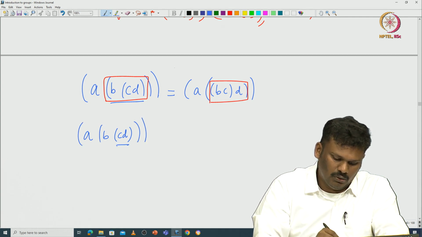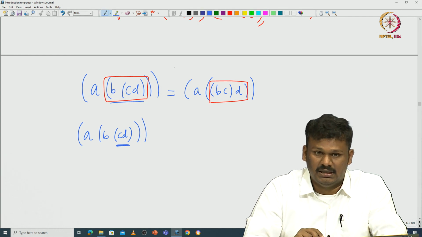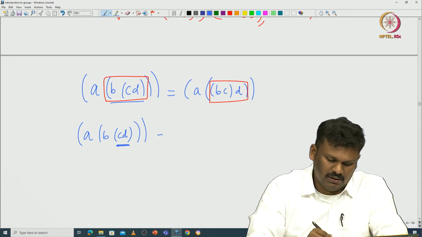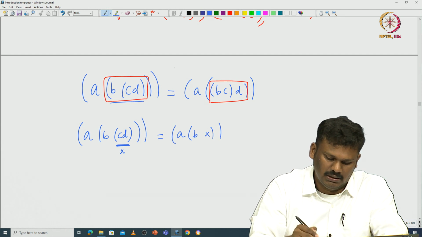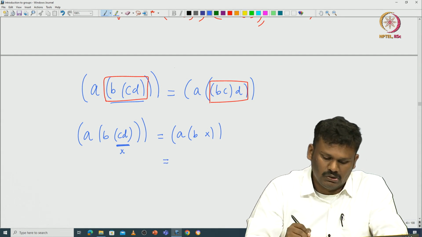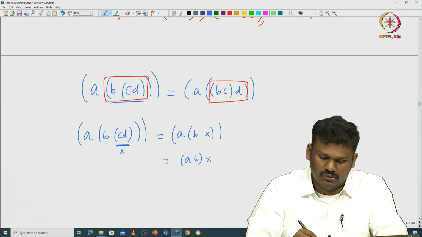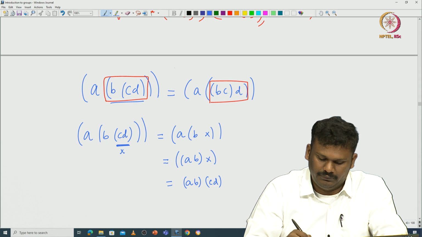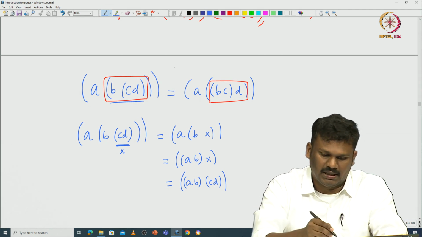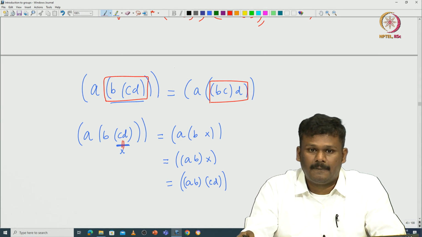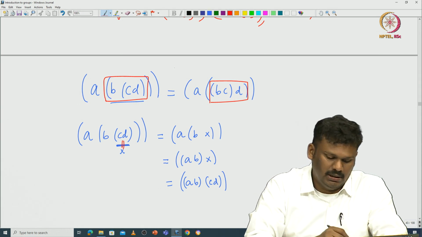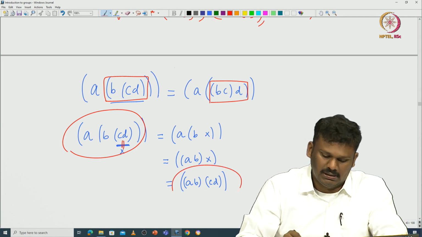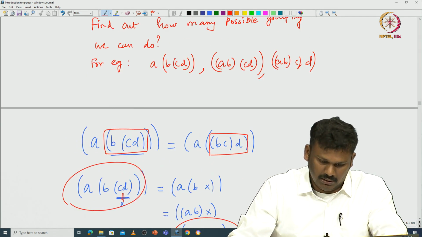You can now think of C, D as one element, call it X. Then this becomes A, B, X. Now using associativity, you can see that this is the same as A, B, X. That is what associativity tells. So that means this is the same as A, B, C, D, because C, D is your X. That tells you that this element is the same as this element. So this is something we verified.